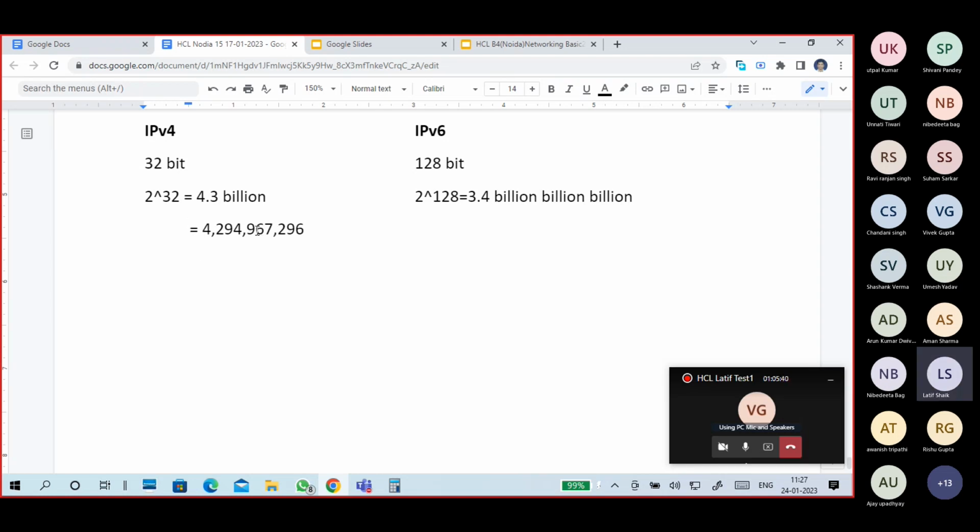So in our system, guys, this is lakhs, right? So 429 crores, 49 lakhs, 67,296 IP addresses, because 1 billion is 100 crores. That is also sometimes a question, right? In our early days, people would ask, what does 1 million mean? 1 million is 10 lakhs. 1 billion is 100 crores.